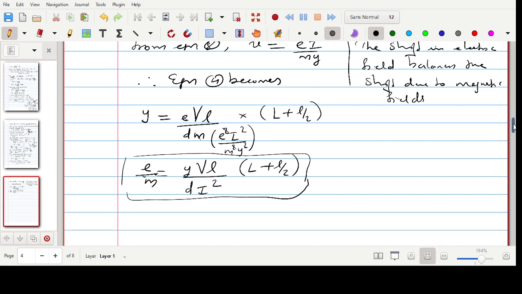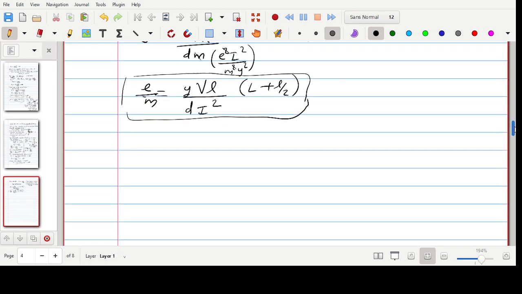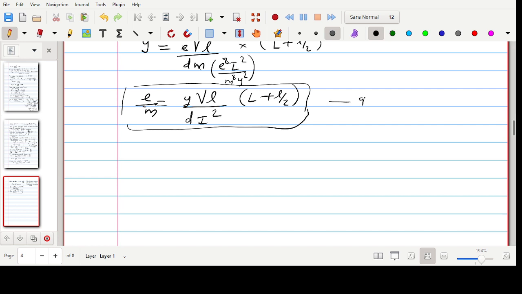We can give this equation number 9. Using equation 9, by knowing the value of shift y, you can directly detect the shift y from experiment.